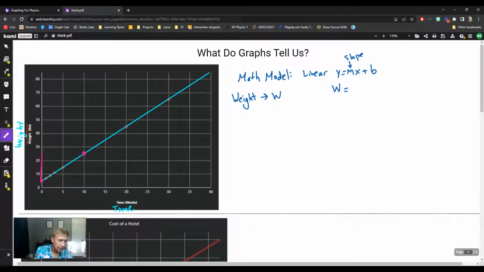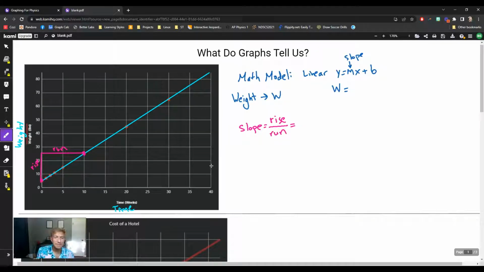In order to determine the slope, I'm going to look at the rise over the run. Right here I have the rise, and then I have the run. Slope is rise over run.